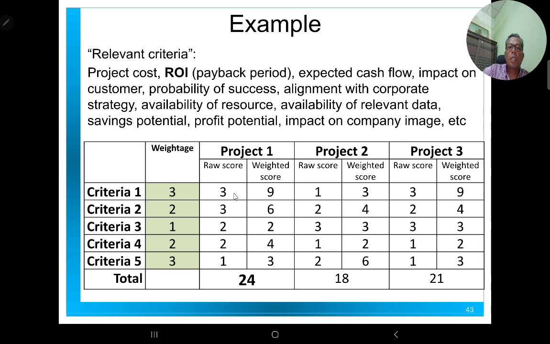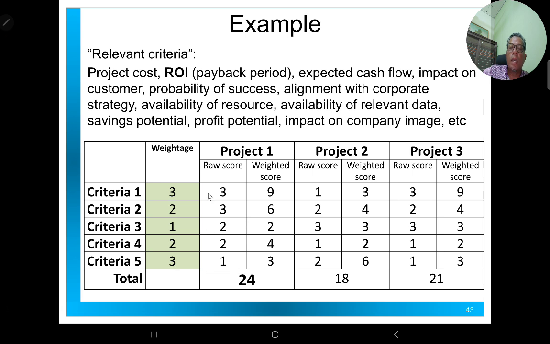You or the other members can give a score for each criterion. The weightage is fixed, and this is the score you give based on the criteria for this particular project. So you give 3 for criteria 1, criteria 2 you also give 3, criteria 3 you give 2, criteria 4 you give 2, and criteria 5 for project 1 you give 1.